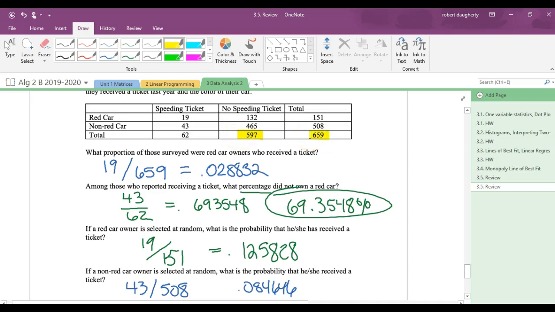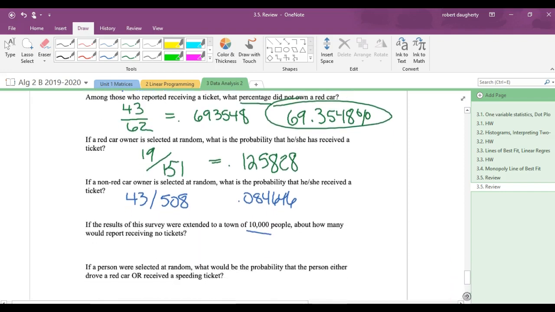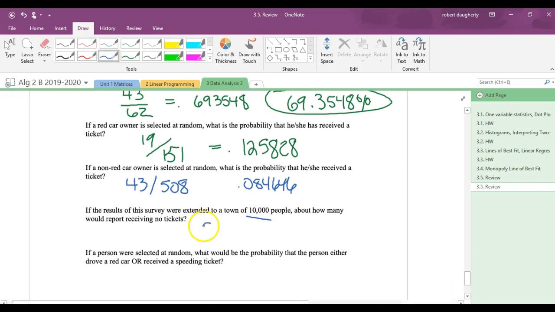Those are the people that got no tickets. So 597 over 659, that's the proportion of people that got no tickets. Well, if I took that and extended it to a town of 10,000 people, what would I get?